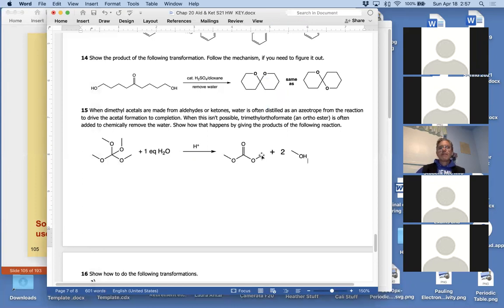So really, when you see what I've written here, you should assume that one equivalent is reacting. But even if not, you're making methanol. Methanol is almost as good a base, and you can protonate methanol the same way you can protonate water. Got it. Thank you.